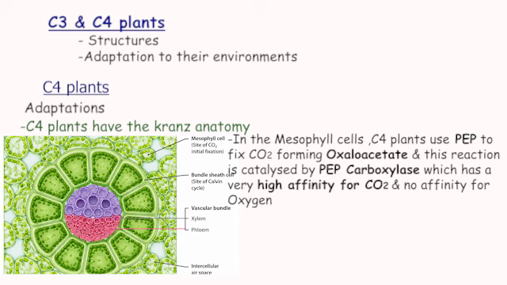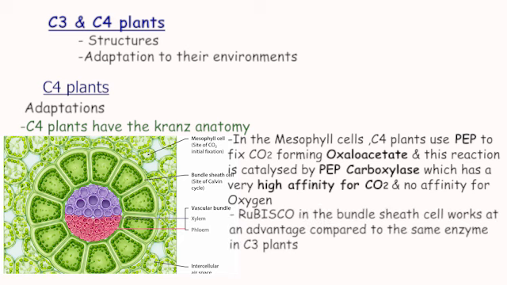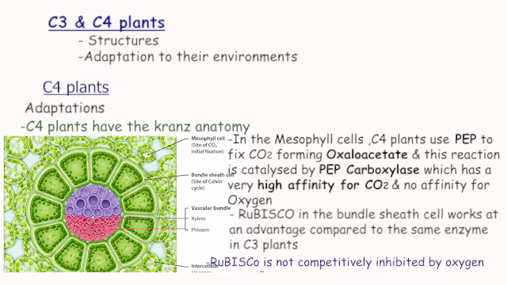Now, the Rubisco in bundle sheath cells works at an advantage compared to the same enzyme in C3 plants, and this is because of two main reasons. Firstly, Rubisco is not competitively inhibited by oxygen, so photorespiration does not occur, and even if it occurs, it's almost negligible.